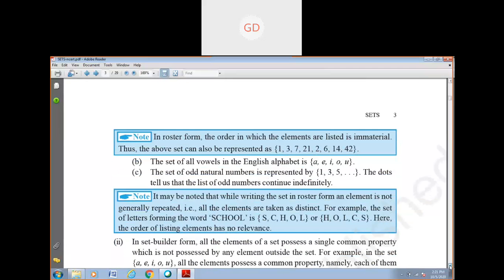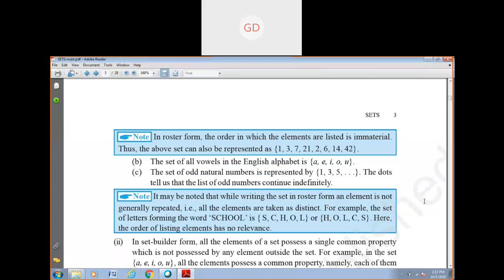And it is not mandatory to write the elements in a particular order. It may be in a different order also, and the set will represent the same set. So randomly we can express the elements, whichever is first element, whichever is second element. That is, the order of writing elements is immaterial.